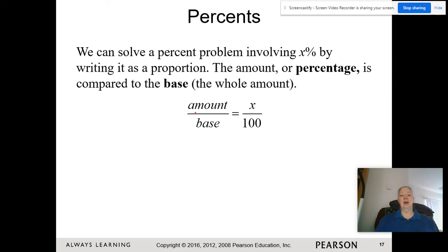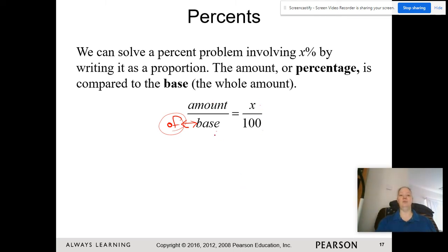The way you set it up as a proportion is the amount over the base. Here's a hint, guys. Look for the word of. If it says the word of, then that one's going to be the base. So whatever number follows the word of, that one's going to be the base. And the percentage over 100.